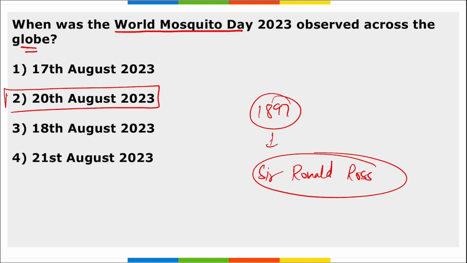Correct? So on 20th of August in 1897, he discovered that malaria parasites were transmitted by the female Anopheles mosquito. Right? And he received the Nobel Prize in Physiology or Medicine in 1902 for his work. Correct? So on 20th of August, we observe World Mosquito Day.